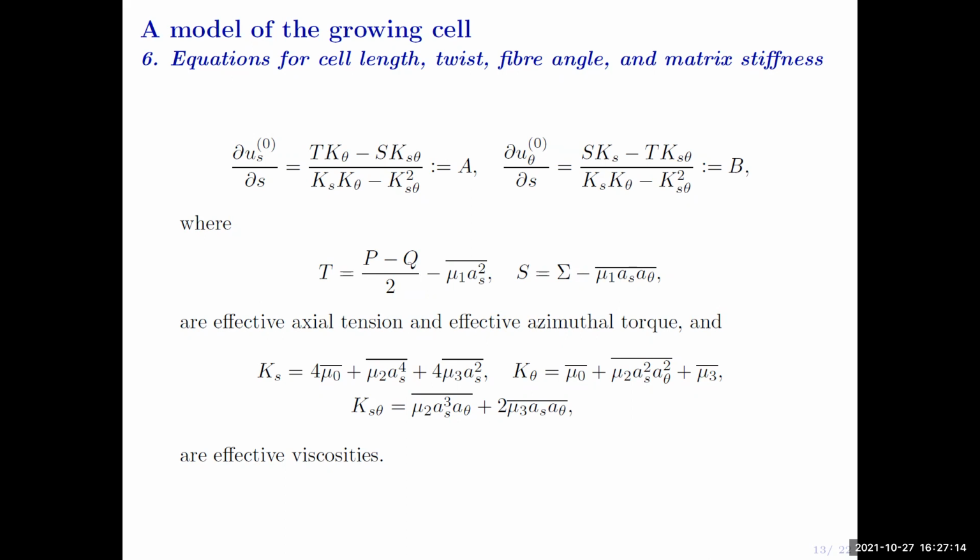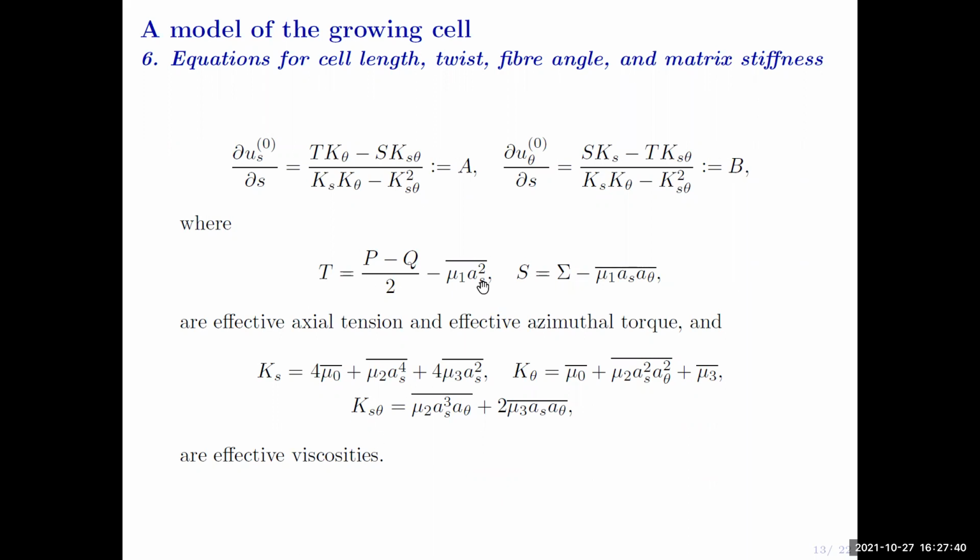And we also have these three items here. They all kind of look like viscosities, but modified by the CNF. The viscosity-like parameters mu naught, mu2, mu3 are all in there, but they're coupled to the director field of the CNF, the A_S and A_theta components, the only non-zero components of the A field. And so they are what we call effective viscosities.